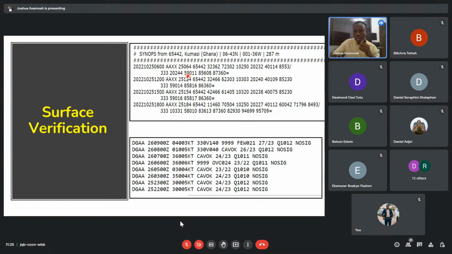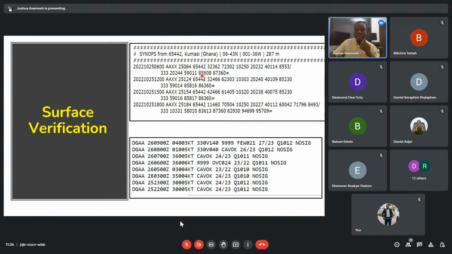So if we compare the last 24 hours to what was reported at 0600 yesterday, the pressure was actually dropping for Kumasi. But for this one, if you compare the 1800 to the 1800, pressure was actually increasing. So we are getting an increase of 010 compared to the previous 24 hours. So this is just telling the pressure difference for 24 hours.